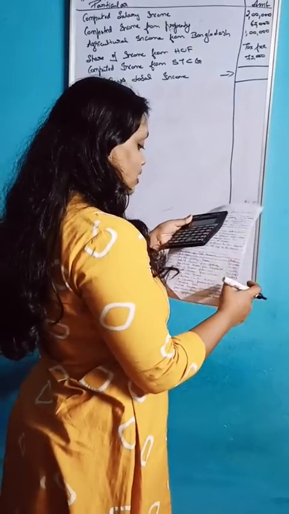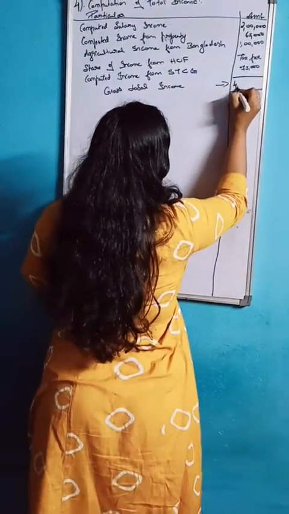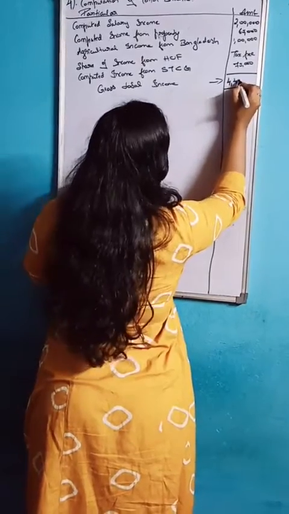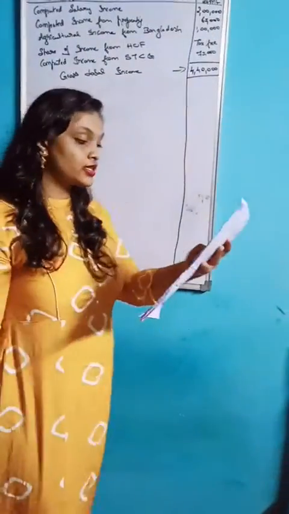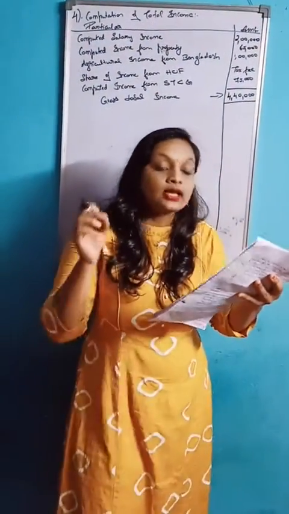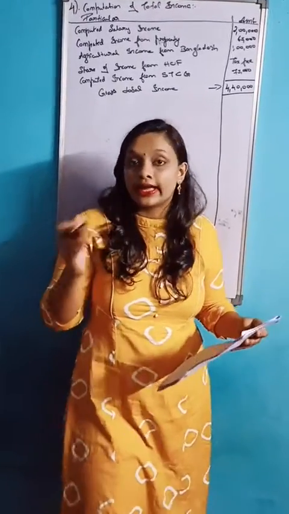You will get 4,40,000. Okay. Next one, they have given expenses, that is less deduction under 80C to 80U.